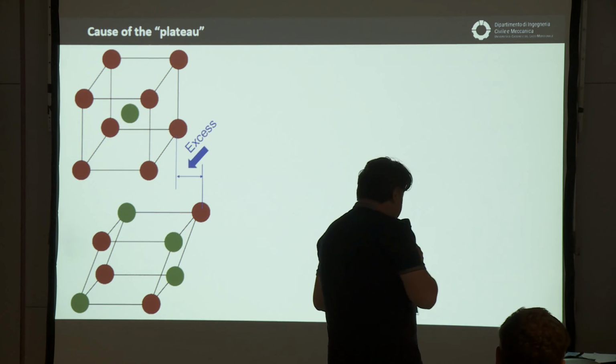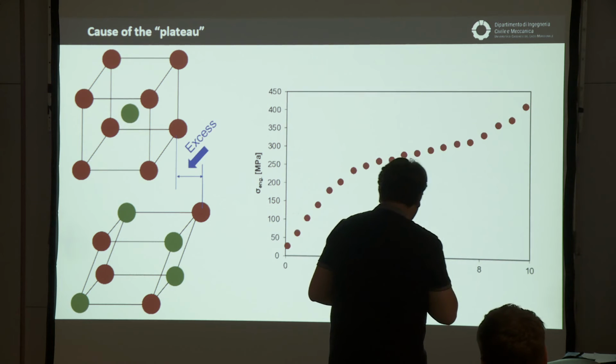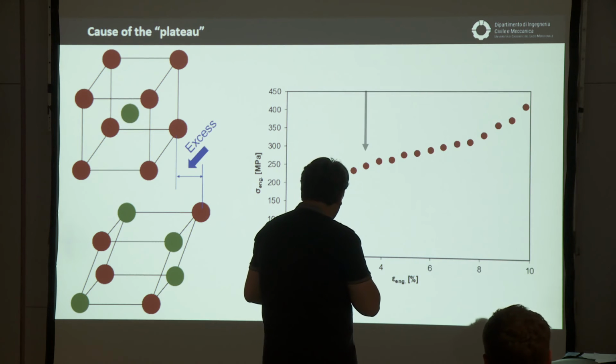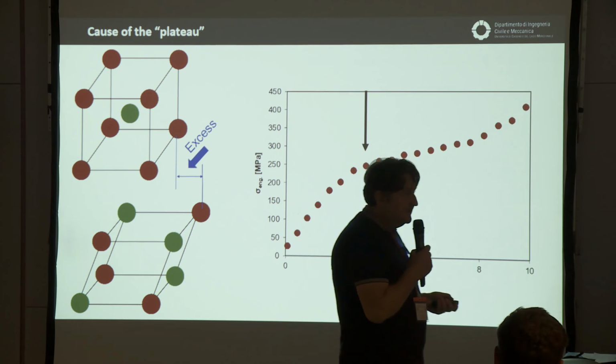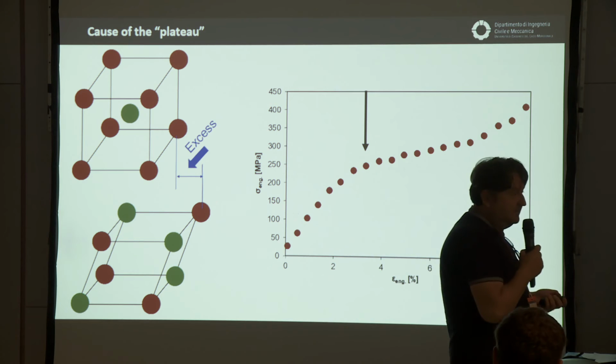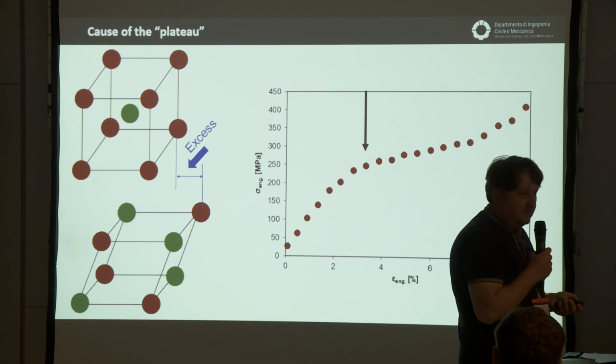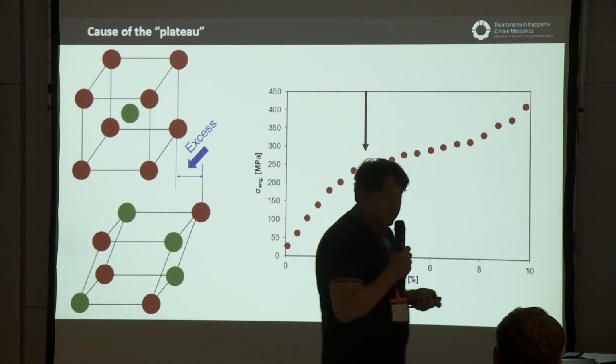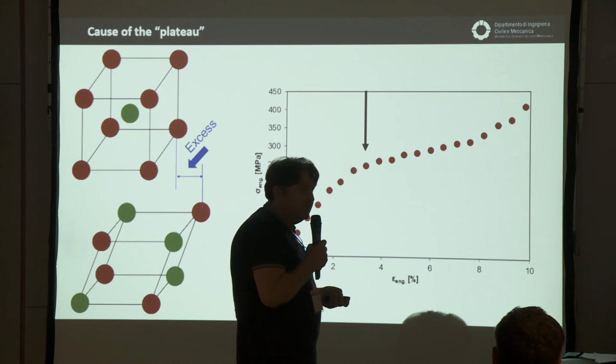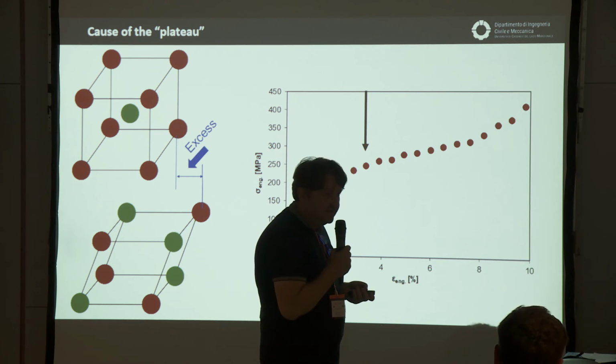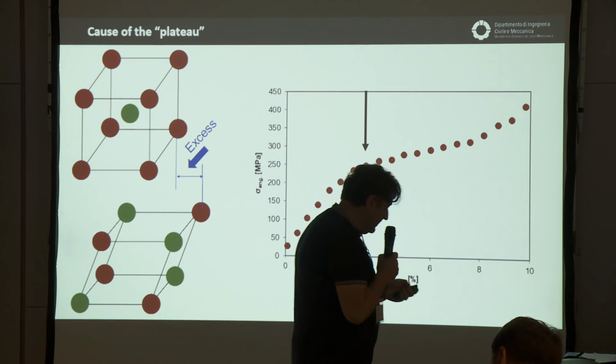What does it mean? Looking at the sigma-epsilon relation, 3.3 is here. The excess of deformation implies a collapse of the slope of the curve due to the transformation of the austenite into martensite. This is our opinion on the presence of the plateau.